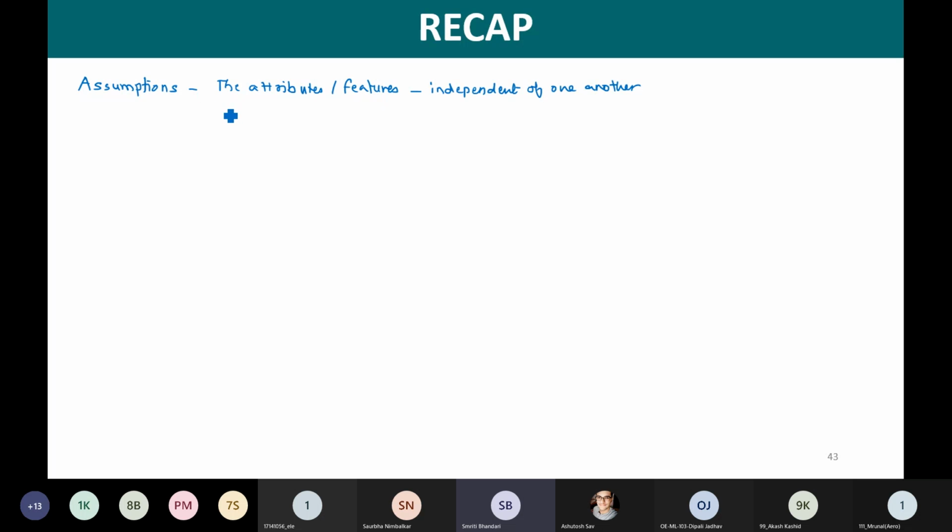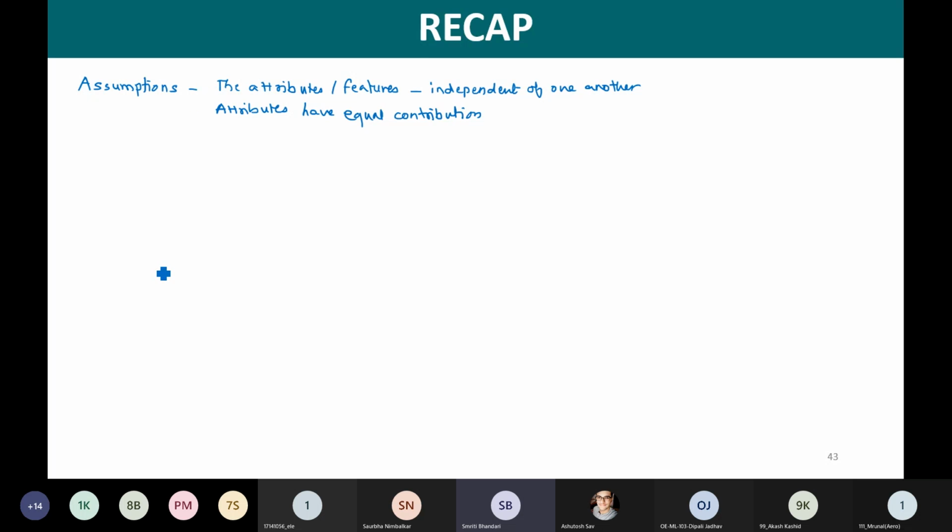And we mentioned that the attributes have equal contribution. Right? So these two were the important assumptions that we had.